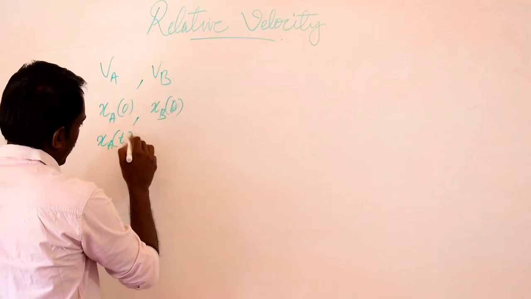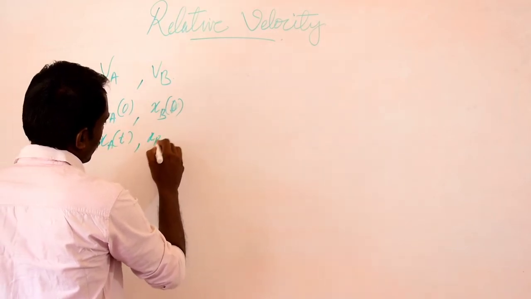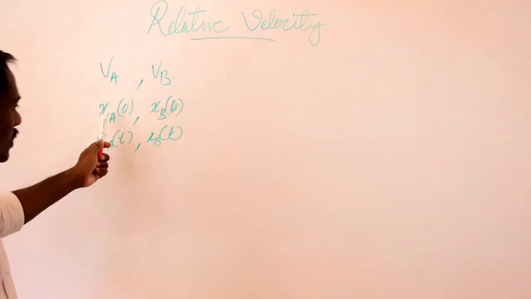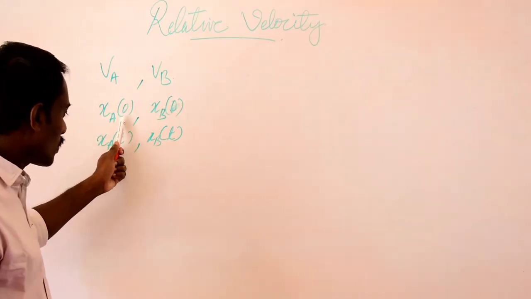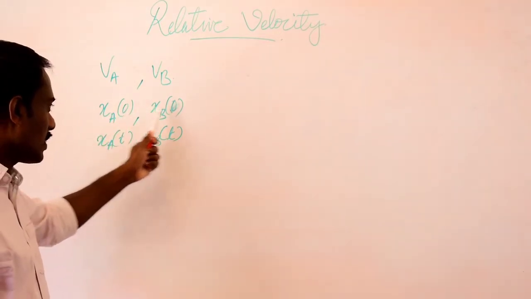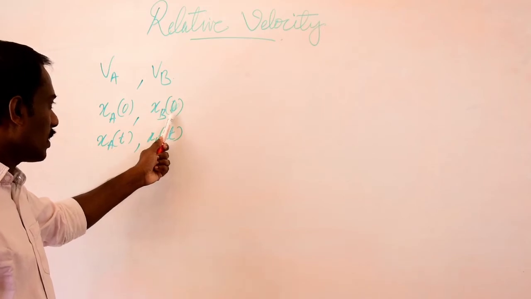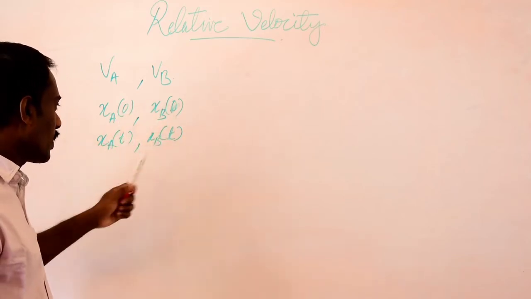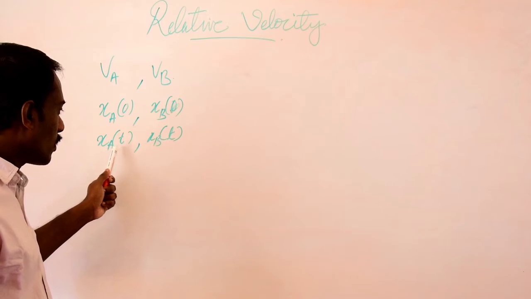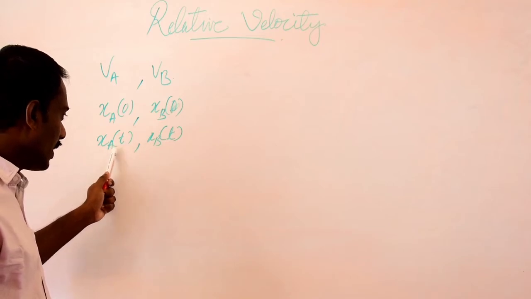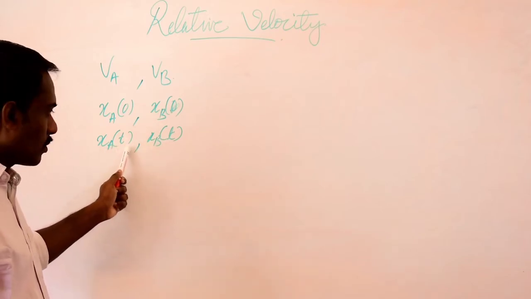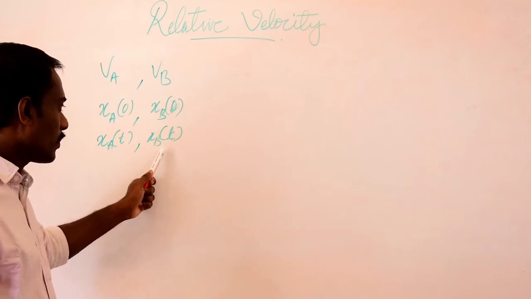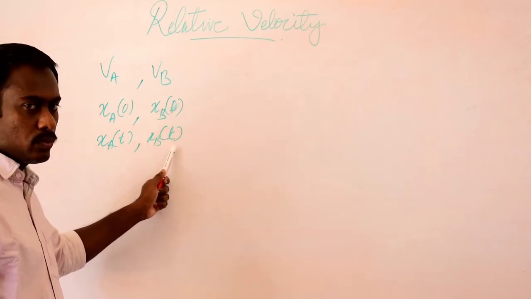This is the initial position of vehicle A, this is the initial position of vehicle B when time t is equal to 0, and this is the final position of vehicle A when the time is t, and this is the position of vehicle B at the time t.